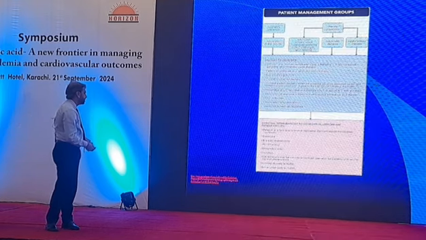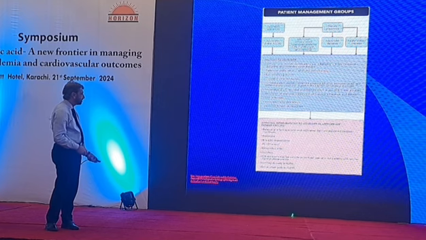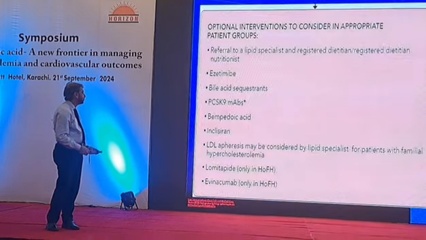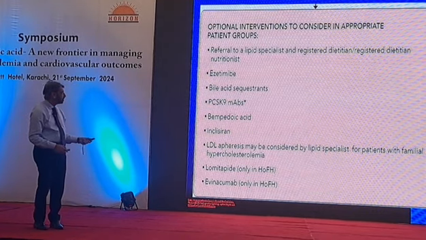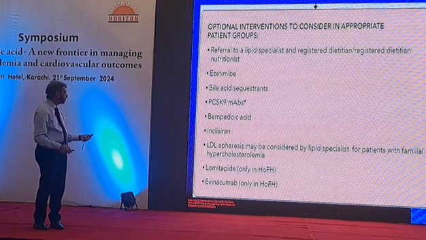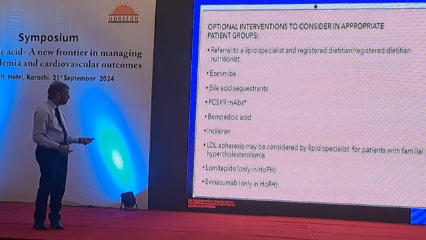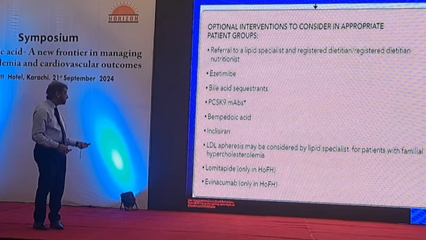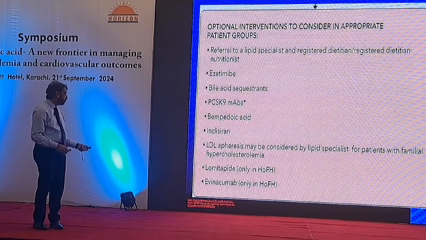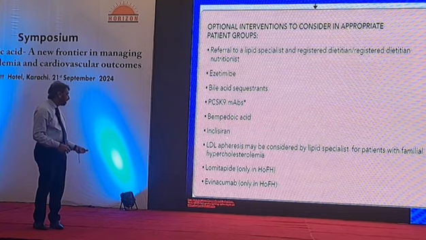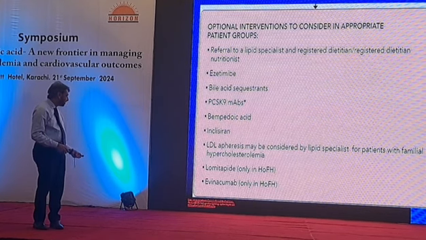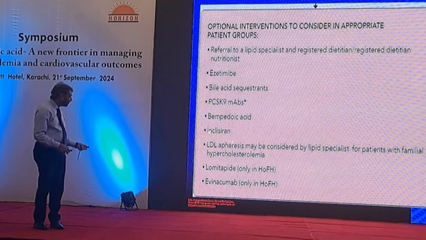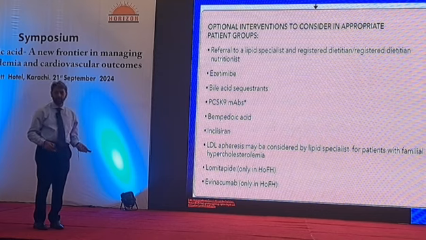Now you can see the addition of these, and I'm just picking this part separately. You can see now optional interventions to consider in the appropriate patient group: refer to a lipid specialist, ezetimibe, bile acid sequestrant, PCSK9, bempedoic acid, inclisiran, LDL apheresis, lomitapide, evinacumab, and a few of them are now available to us as well.